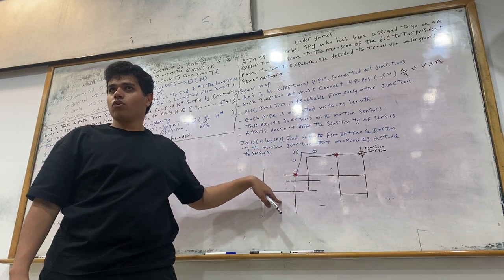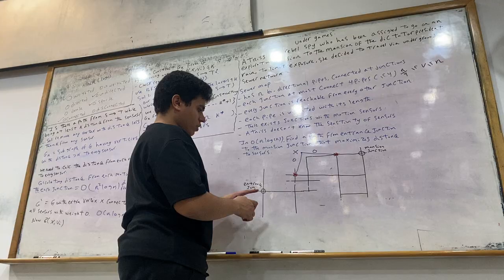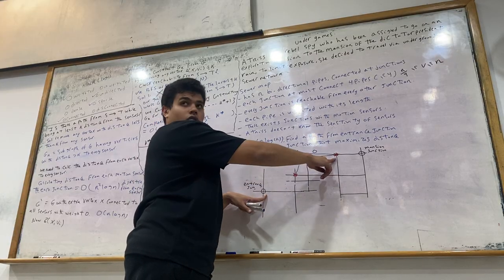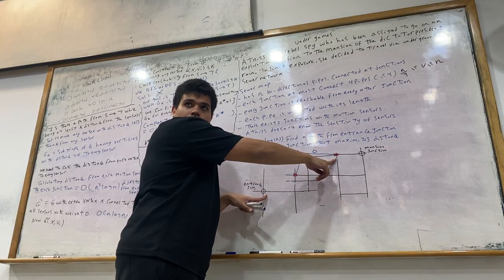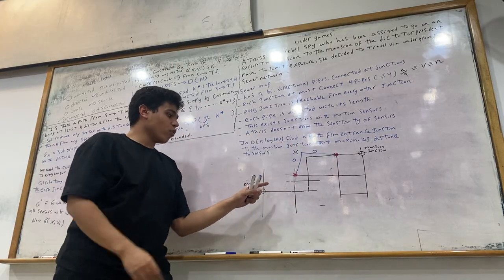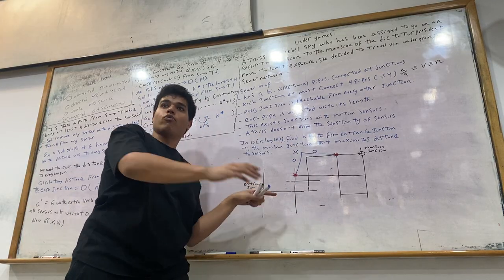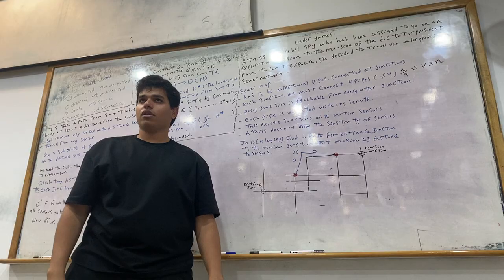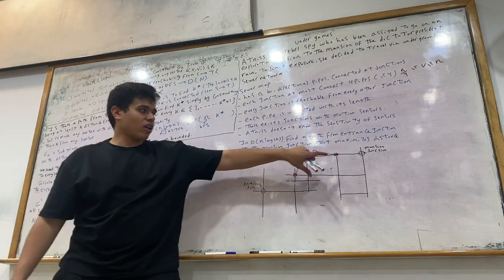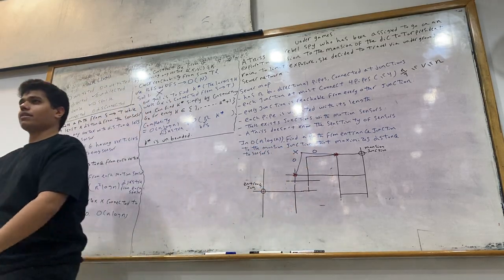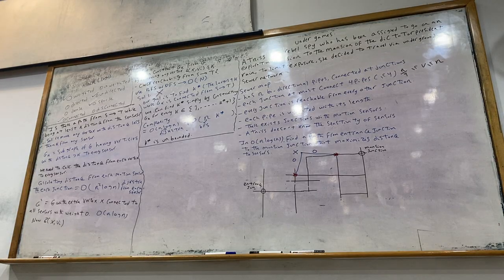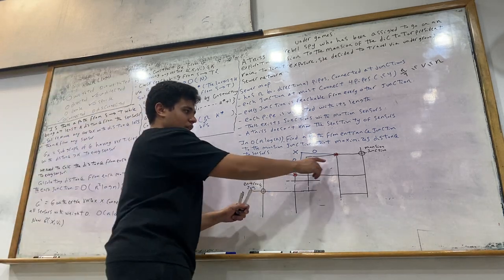If I take the maximum distance, we have already got the distance from every junction to the nearest sensor. If I take the maximum out of all of them, I get the maximum shortest distance.